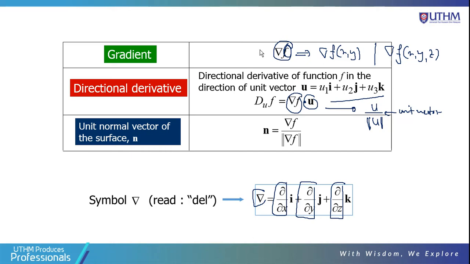The formula is delta f divided by the magnitude of delta f.